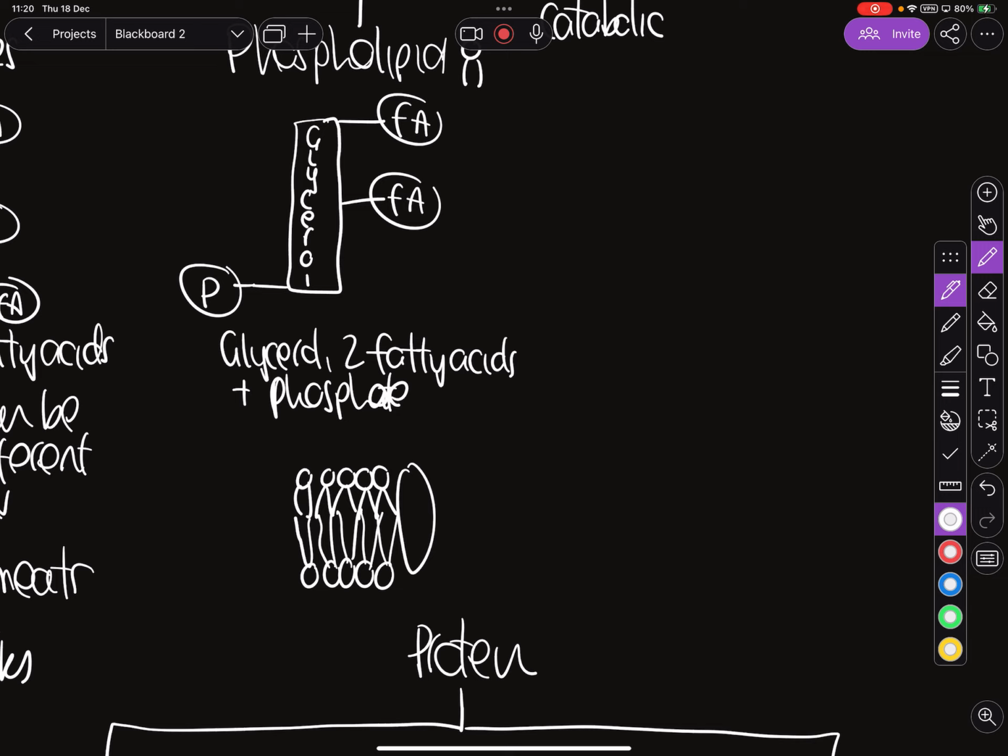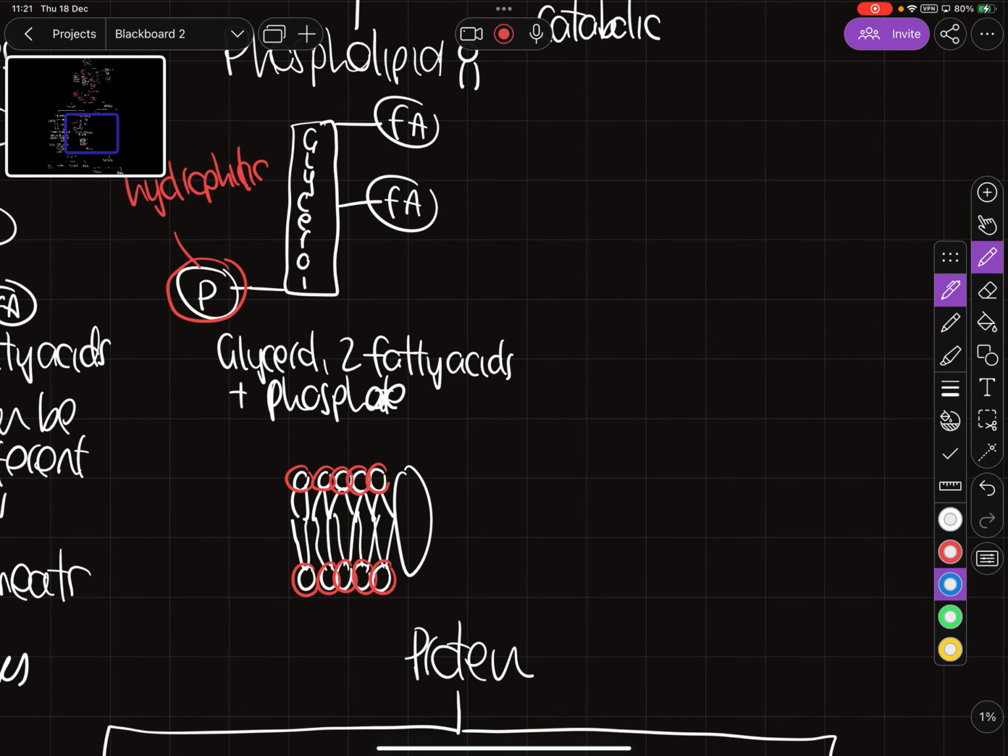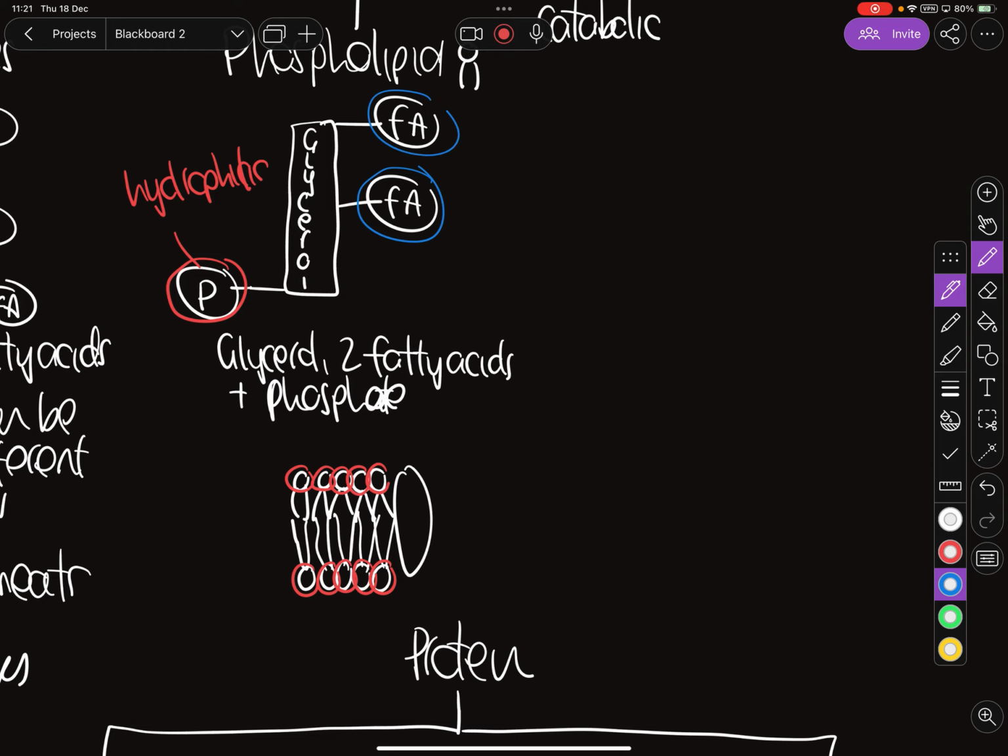But what was important for this is that this phosphate group up here is these parts here. So the phosphate can dissolve in water. This likes water. It's what we call hydrophilic. Whereas the tail portions here, these are your glycerol backbone and your fatty acids. So we say that these portions are hydrophobic. Hydro meaning water, and phobic means it doesn't like it.